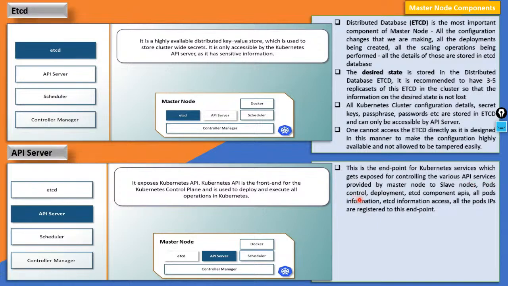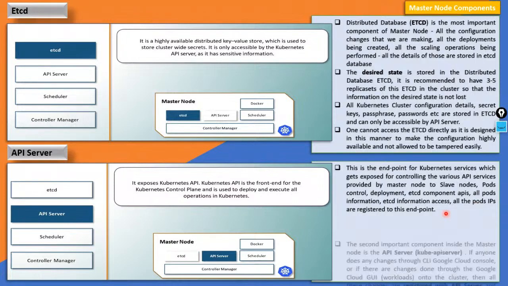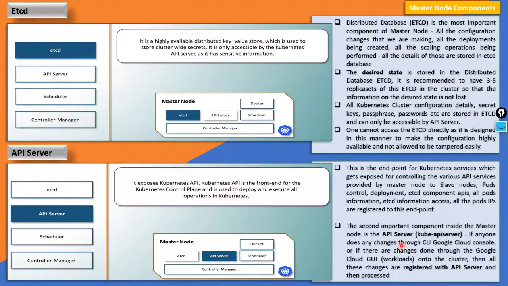Pods control, deployment, etcd components, APIs, all pods information, etcd information access, all the pod IPs are registered to this endpoint. So all the rivers come to this ocean. I can say this is the second most important component inside the master node.